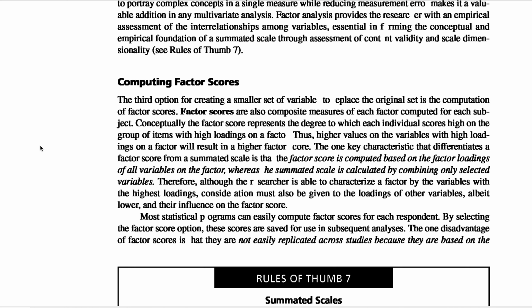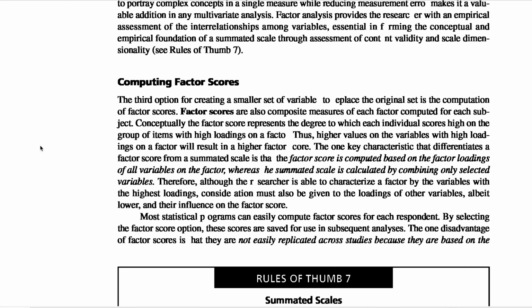Conceptually, the factor score represents the degree to which each individual scores high on the group of items with high loadings on the factor. Thus high values on the variables with high loadings on the factor will result in a higher factor score. One key characteristic that differentiates a factor score from a summated scale is that the factor score is computed based on the factor loadings.